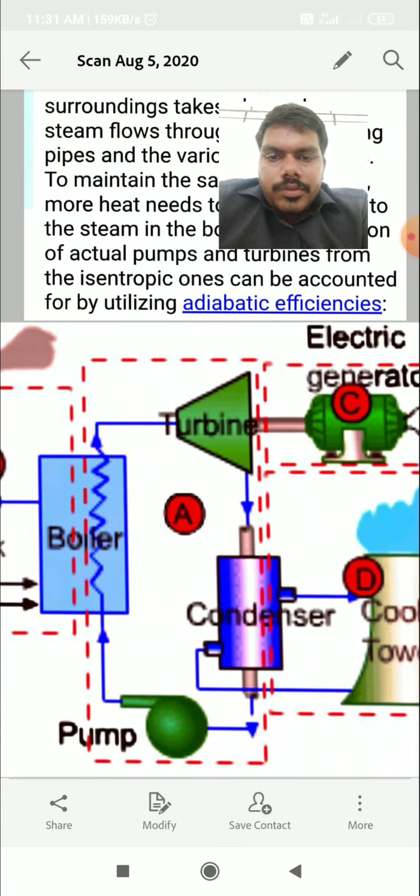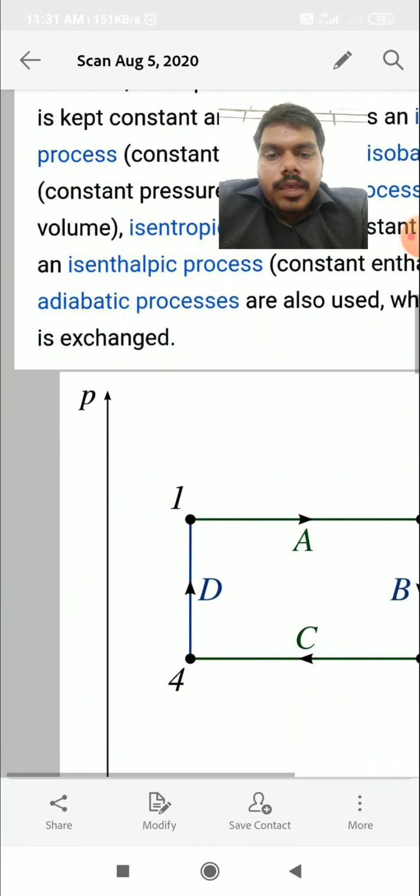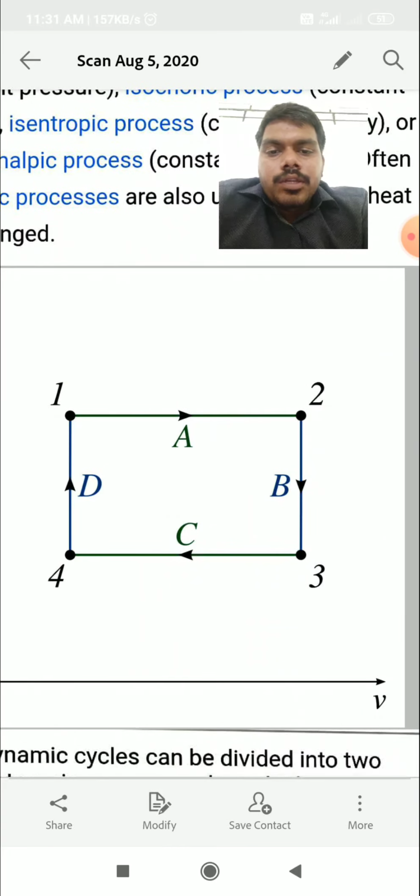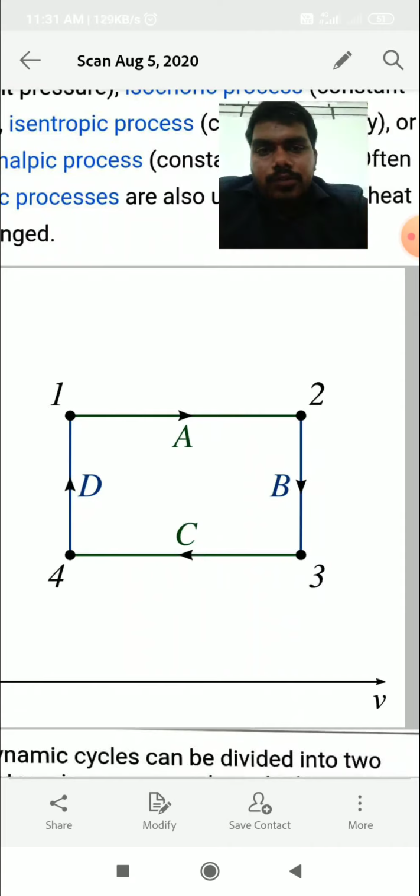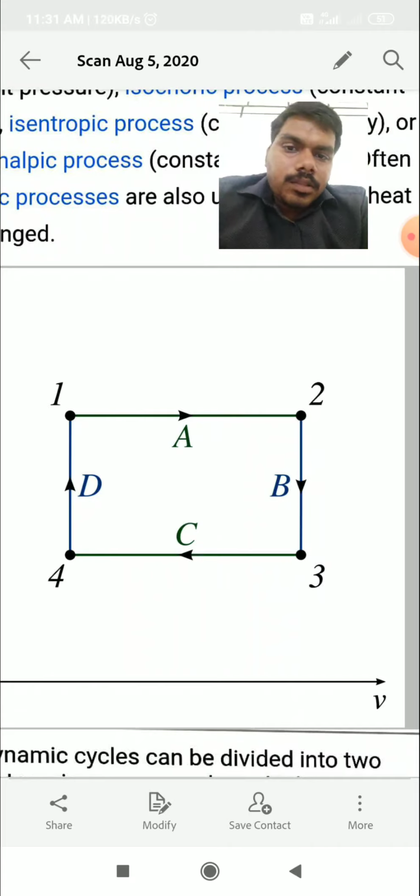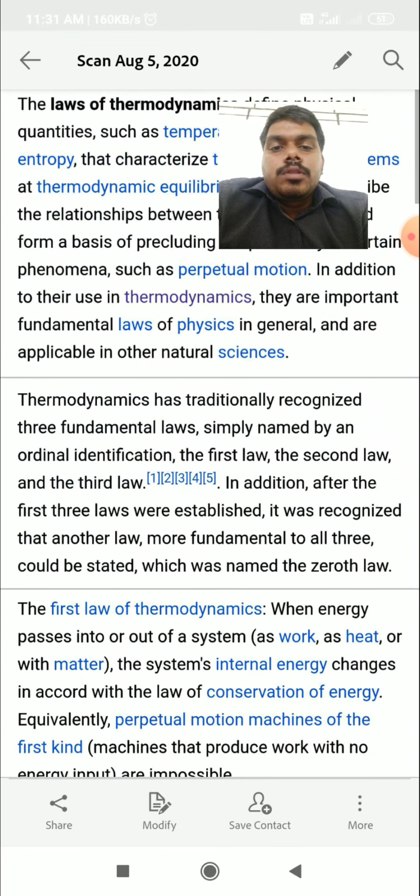We focused in this video on section A, how the cycle actually works. This is the cycle, 1 to 2, 2 to 3. Then after 4 to 1, it regains the same temperature of the liquid, and it again starts from 1 to 2. So remember all these points.